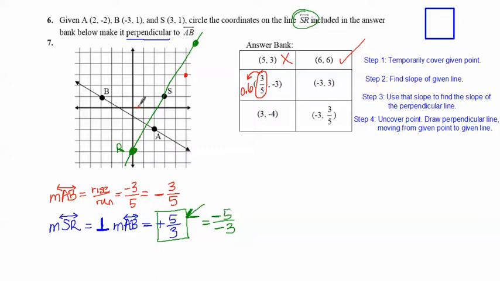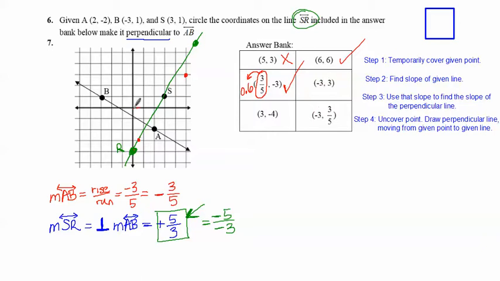I get somewhere before the 1, moving a little bit beyond halfway, and then I have to go down 3 spots. Then I go down 1, 2, 3. It looks like that point is on my line. So I'm going to select that as part of the points on my line.